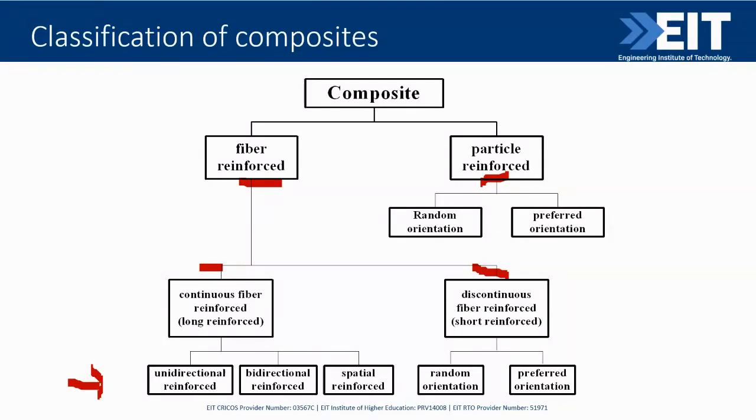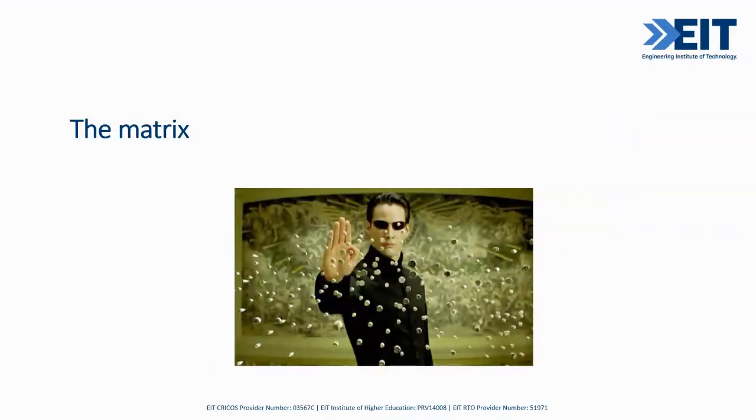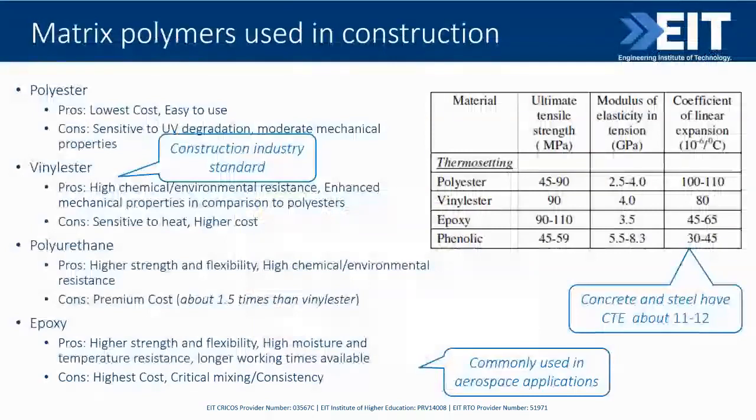Next, we will have some brief insight into the properties of matrix and fiber materials used for structural composites, and then we will look at the effective properties we can achieve using them. So first is matrix.